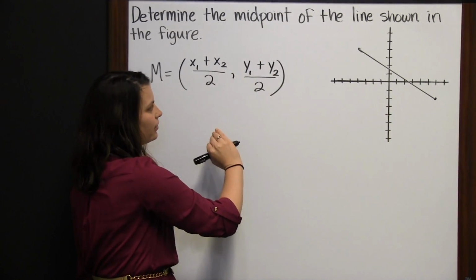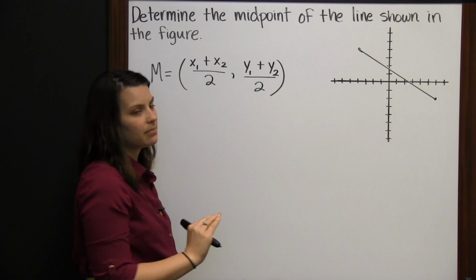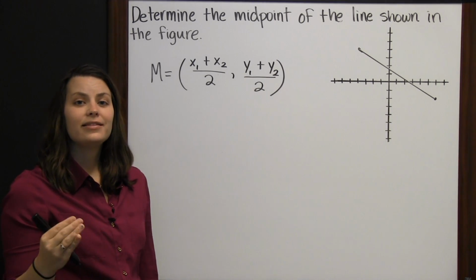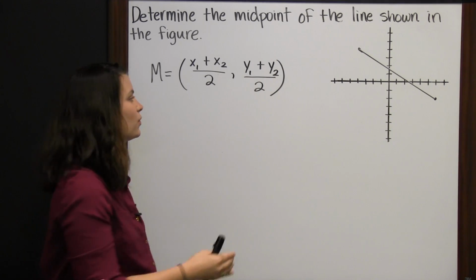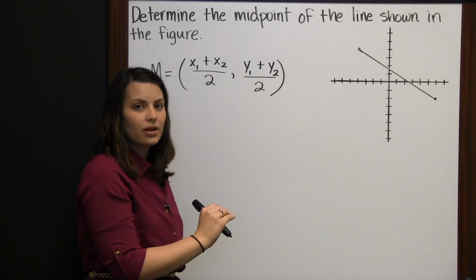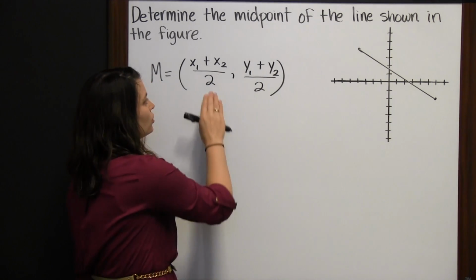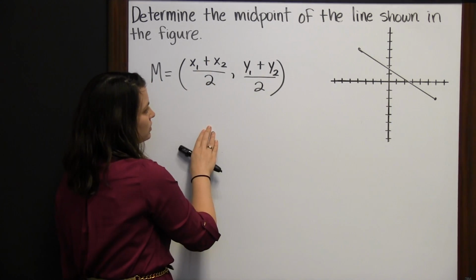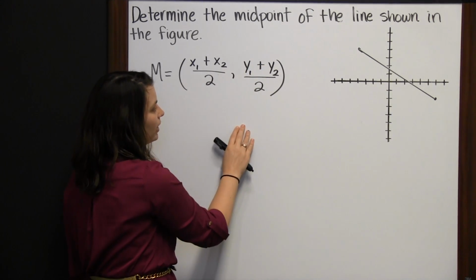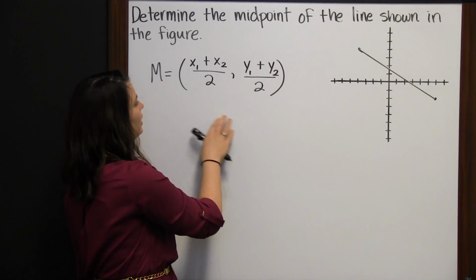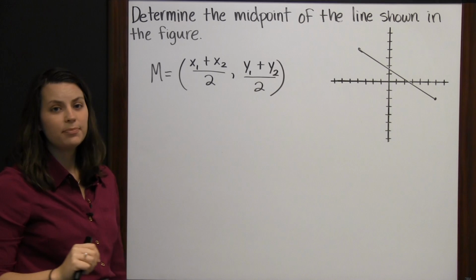You'll add those together and then divide that sum by 2. Again, finding the average of those y coordinates, or the middle of the y coordinates. So when you find the middle x coordinate and the middle y coordinate, you'll then have the coordinates of the midpoint.